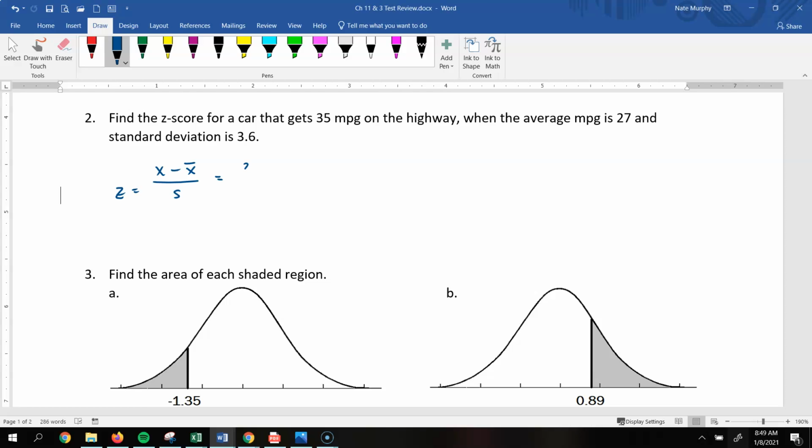So x is your 35, our x bar is our average, or your mean, which is 27, and our standard deviation is 3.6. When you do that on your calculator, you get 2.22 repeating as your answer. So as your z-score, we'll just round to 2.22.